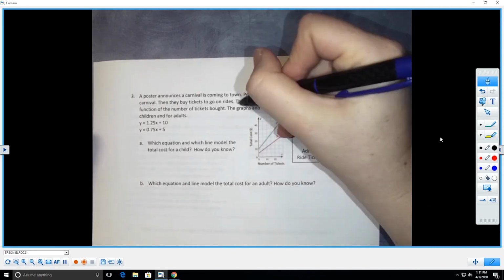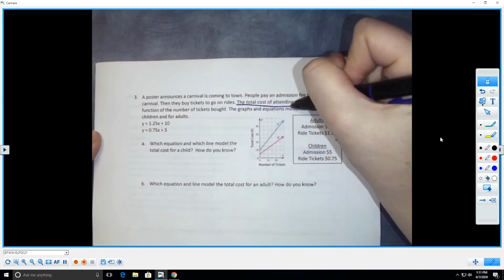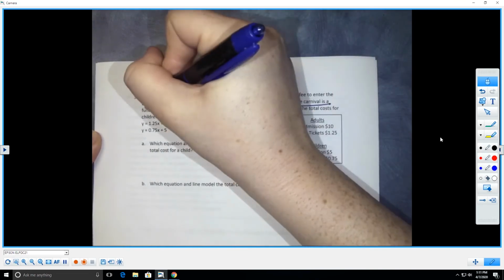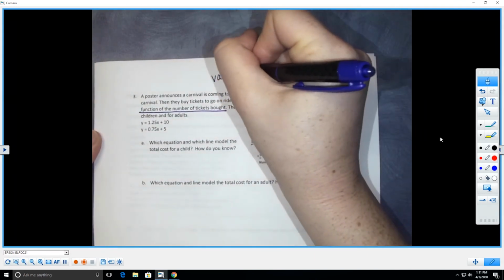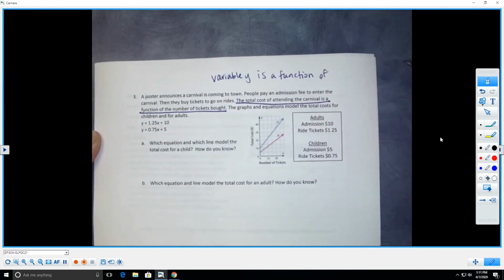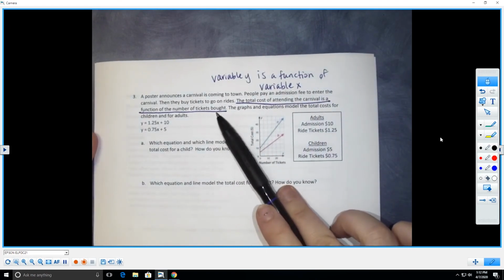So let's go back and read. We know that the total cost, I'm going to underline this, the total cost of attending the carnival is a function of the number of tickets bought. So remember, when we were first introducing it, the variable y is a function of variable x. So if it's the number of tickets bought, what are they charging per ticket for the children?